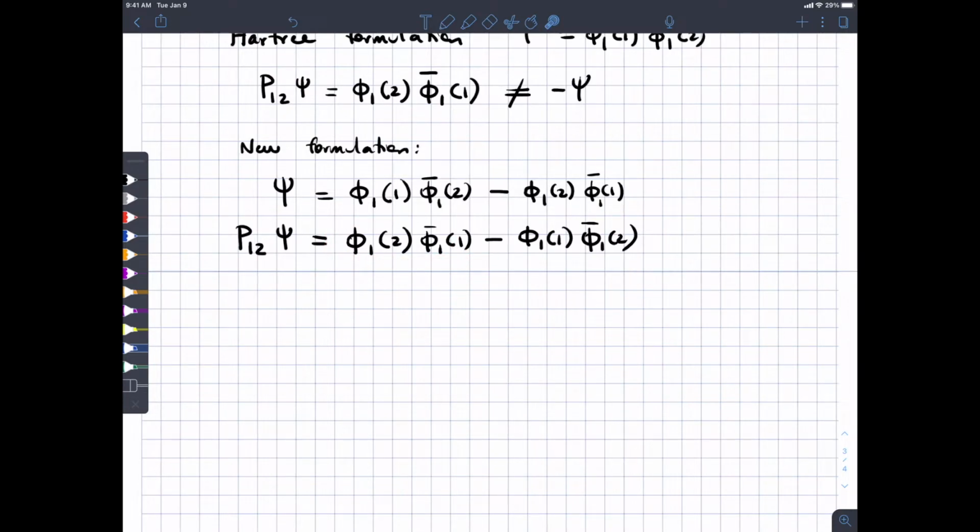Oh, hold on. Do you see that these two are opposites of each other? So if we write our wave function this way, it will automatically obey the anti-symmetry requirement. And that's going to make it so that our wave functions are physically realistic.